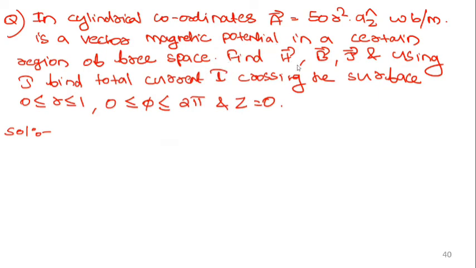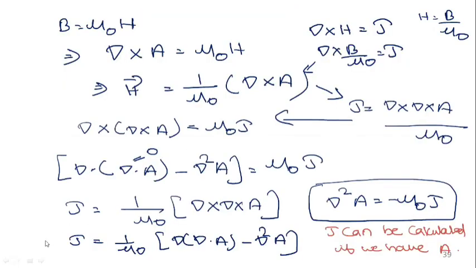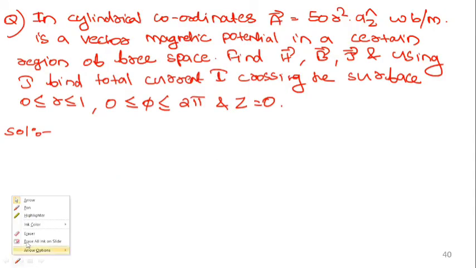There we need to find the magnetic field intensity, magnetic flux density, current density, and using J, we need to find the total current I crossing the surface. So maybe you can do integral J dot dS, and I is equal to the total current you will get. We'll see one by one what is to be done, how we solve these things.